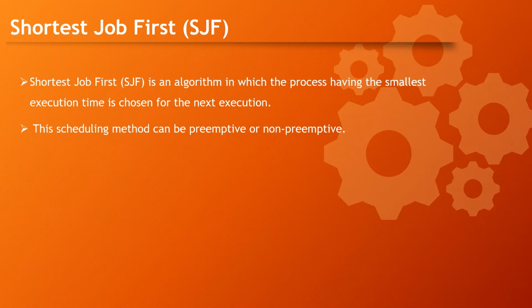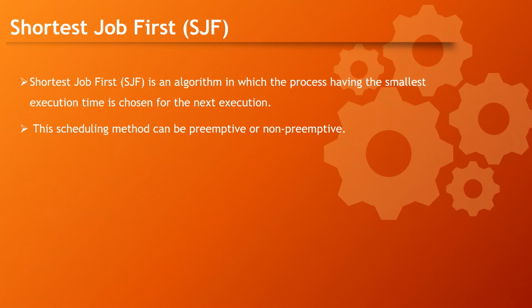This scheduling method can be preemptive or non-preemptive. SJF can be implemented using the non-preemptive method and also the preemptive method. I hope everybody remembers preemptive and non-preemptive. In non-preemptive, once the process is assigned the resources, it should complete its execution or voluntarily hand over the resources like the CPU if it is going to any other task.